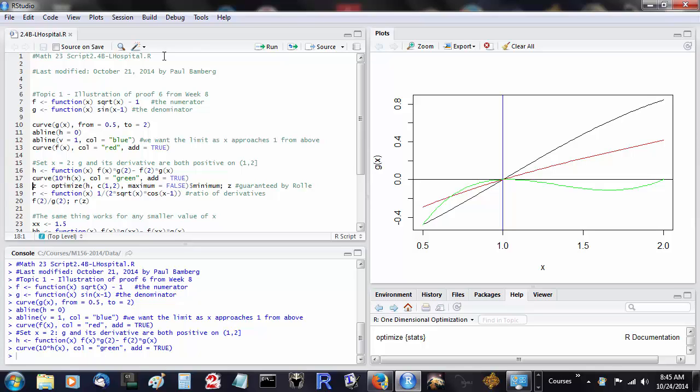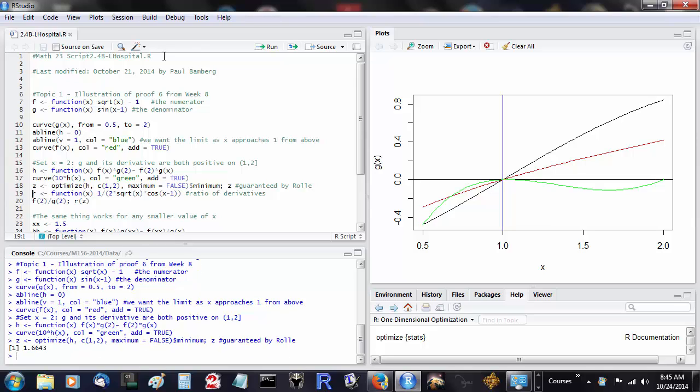The function's continuous on the closed interval from 1 to 2, differentiable on the open interval from 1 to 2, has the same value at x equals 1 and 2. It meets all the requirements of Rolle's theorem, and it comes as no surprise, therefore, that there's a place in between 1 and 2 where the derivative is 0, namely the place where the function has its minimum.